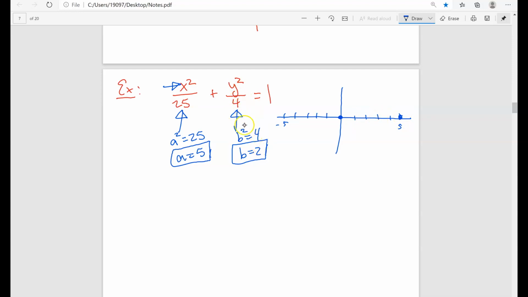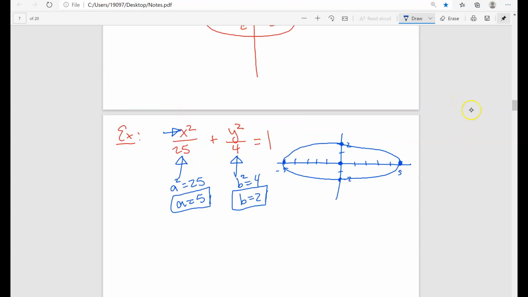And then b is going to be 2 on the y-axis. So 1, 2, and then 1, 2. And all you have to do to graph this guy is just trace out the ellipse. So this would be the ellipse. Okay, so that's how you would graph it.